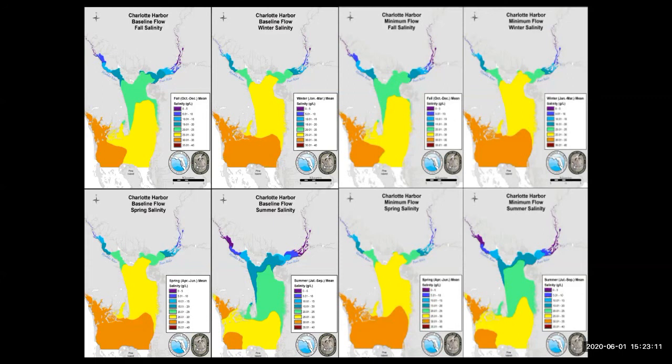Nobody knew that this was going to happen. And so this is an original finding, and it seems to be the case for all of the species life stages that we analyzed, that we're getting similar temperature and salinity maps for baseline compared to minimum flows. Next slide.